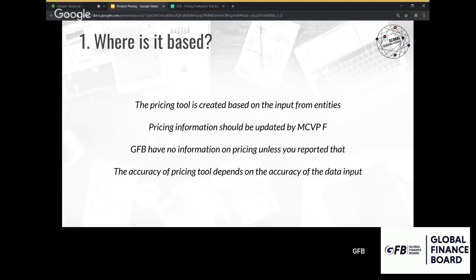And the accuracy of the pricing tool depends on the accuracy of the data input. So if you believe that something is wrong, then there's something wrong with how you are doing your surveys, or in terms of the GFB survey, or even the amounts that you put in expa, or even your response to other surveys that we do.